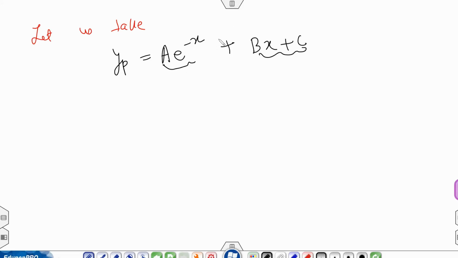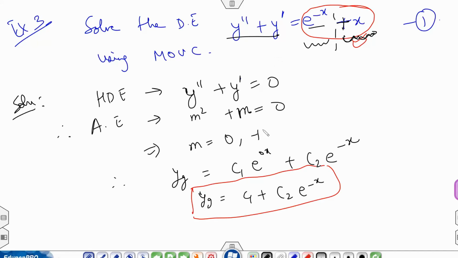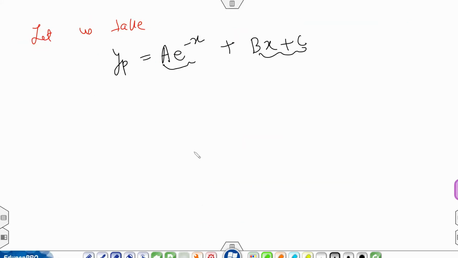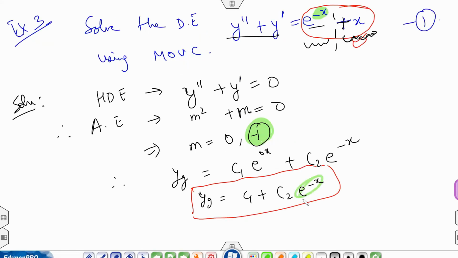Now this is our default choice. Now you have to see what the roots of your auxiliary equation are. You can see that one of the roots is minus 1, which is matching this. Or you can see that your trial solution has this term, like in the general solution you are getting e to the power minus x, and in the trial solution you are getting this term.